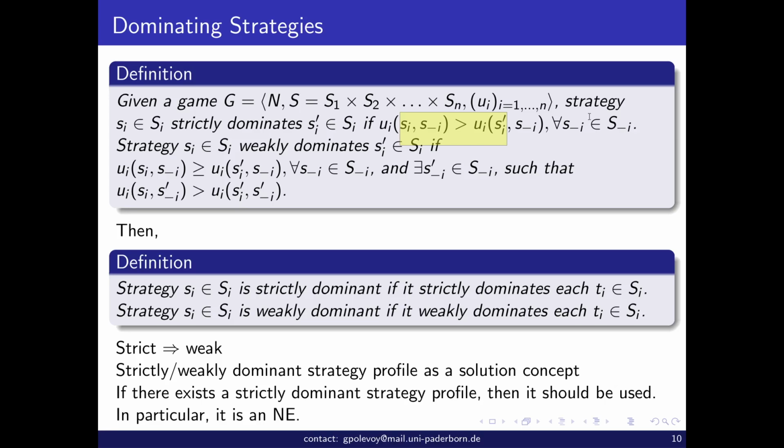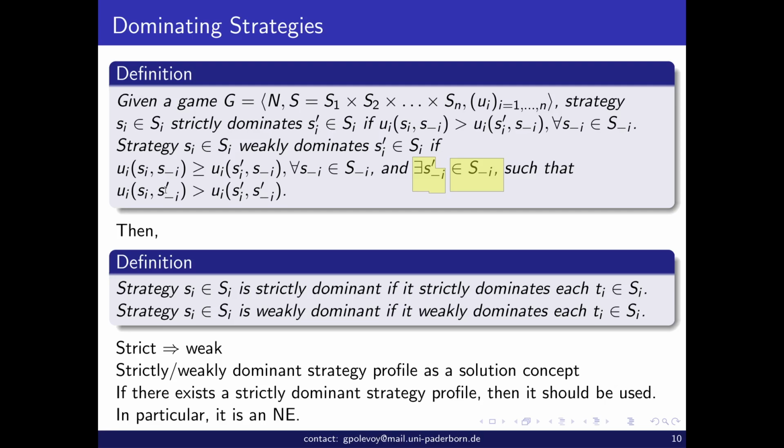Simple. Strategy Si is said to weakly dominate Si prime if it's always at least as good for player i to play Si than to play Si prime, whatever the others do. But it is weakly better. So it's at least as good for her to play Si than Si prime. And there is at least one profile of the others, S prime minus i, such that if that is what the others do, then it's strictly better for player i to play Si than Si prime.